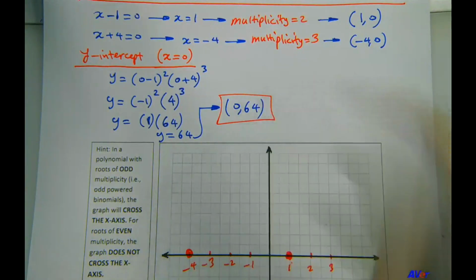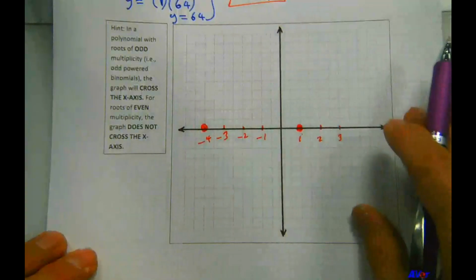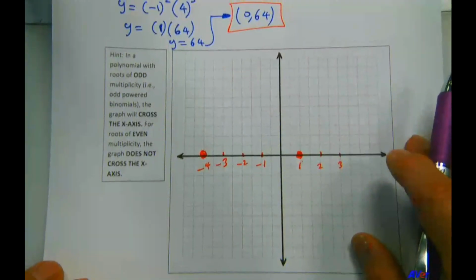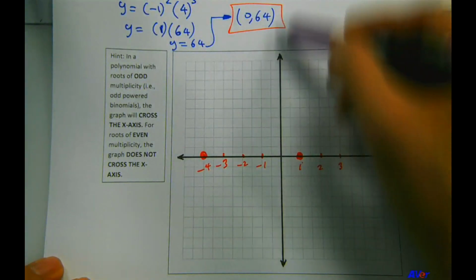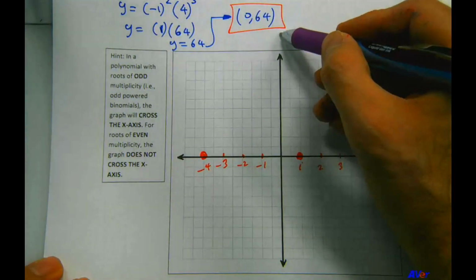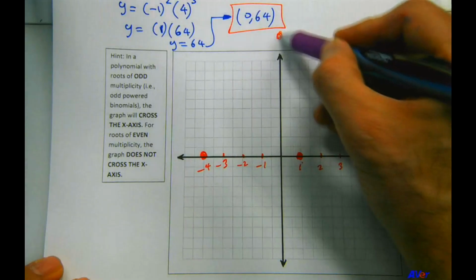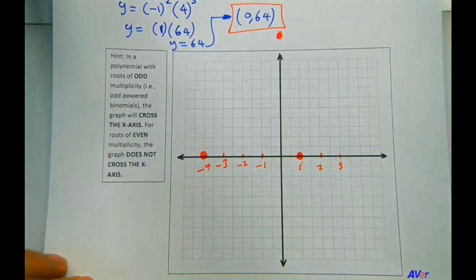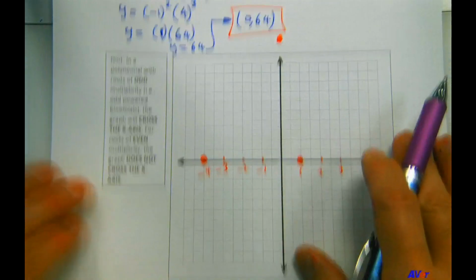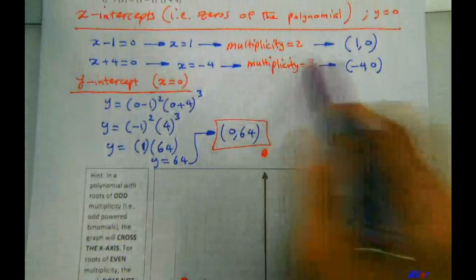Okay, so let me move this page up. 0, 64. That y-intercept is going to be way up here somewhere. It's definitely going to be off the page. So let's look back at these multiplicities.